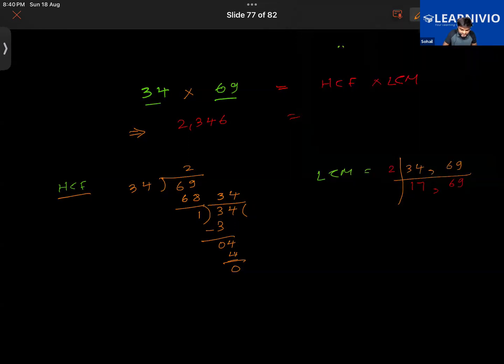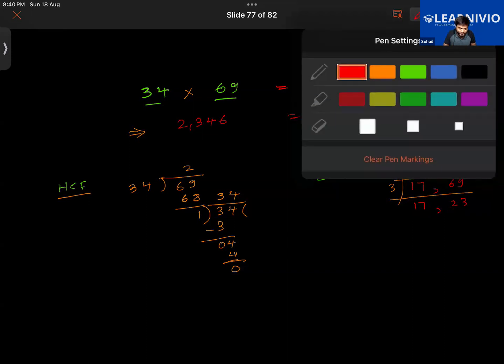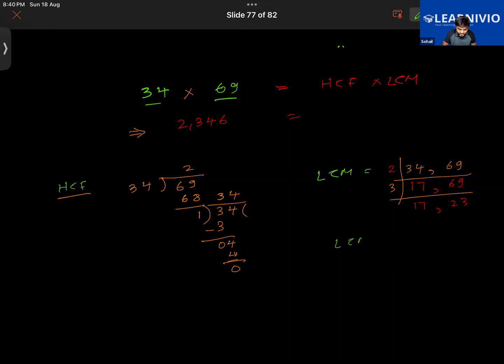Now let us start with 3. 17 is not divisible, so just write it as it is, while 69 is divisible by 3, 23 times. Now we can't proceed any further because we have got prime numbers now. These two are prime numbers, so we can't proceed any further. We stop over here. So the LCM will be simply the product of these numbers: 2 times 3 times 17 times 23, that is 6 times 17 times 23.